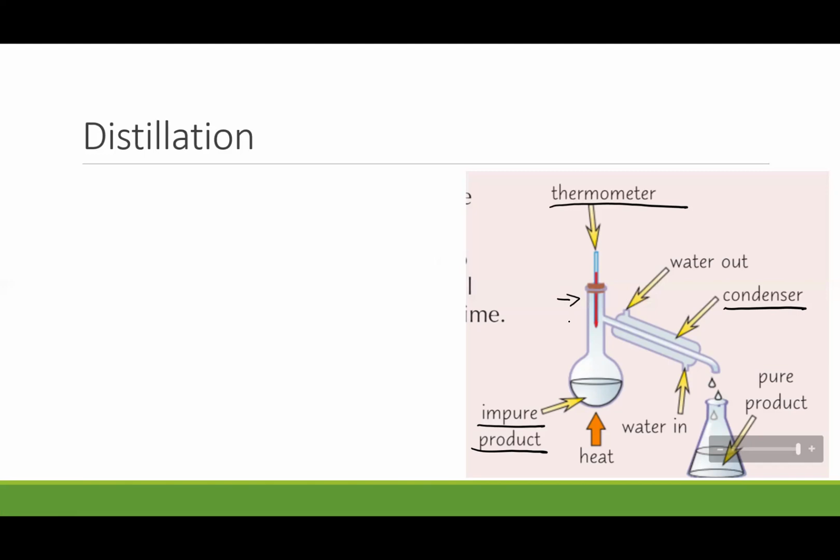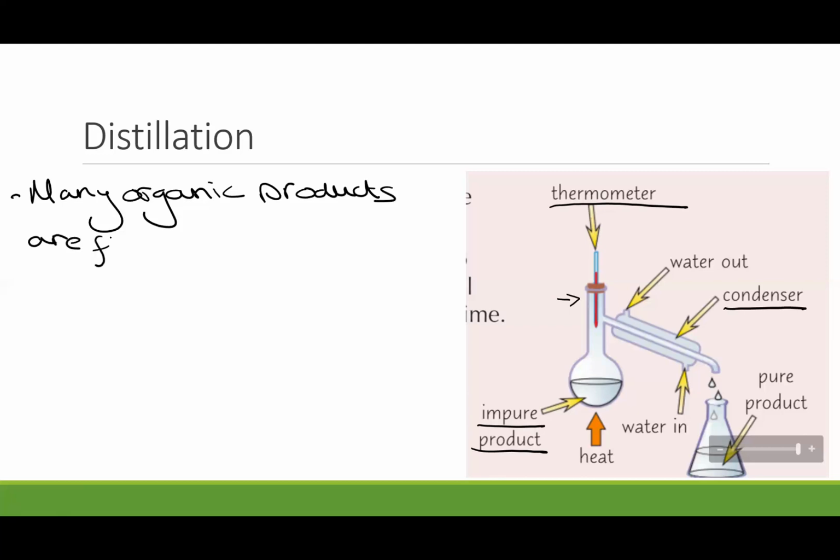What is really important here, we often don't talk about this, but organic products are flammable. Well, many of them are. So when we are heating it, we often just say, oh yeah, heat. And lots of people assume that we mean using a Bunsen burner.